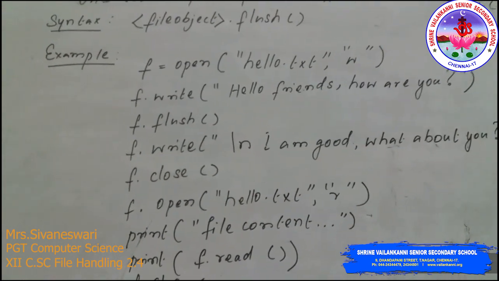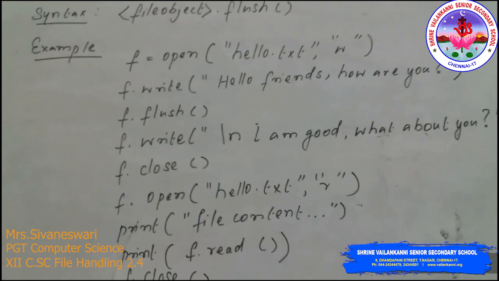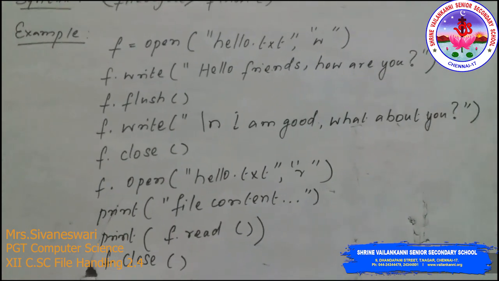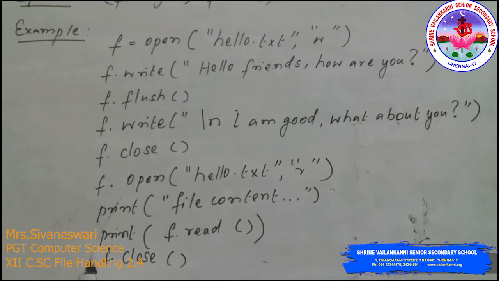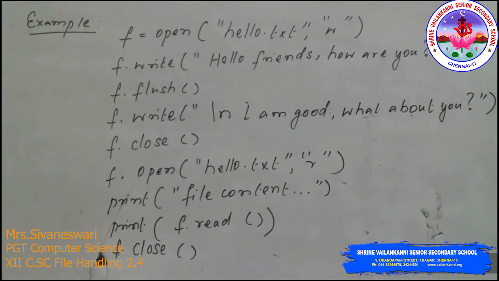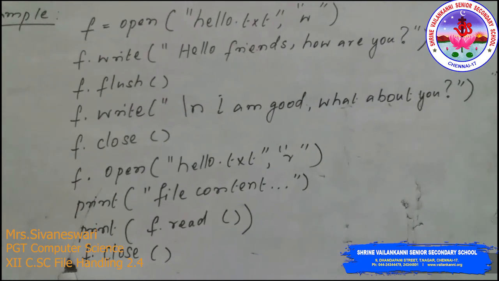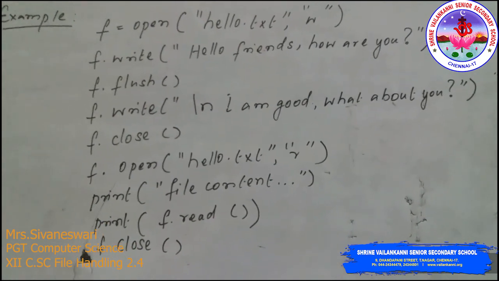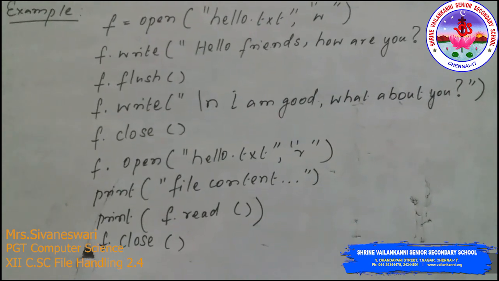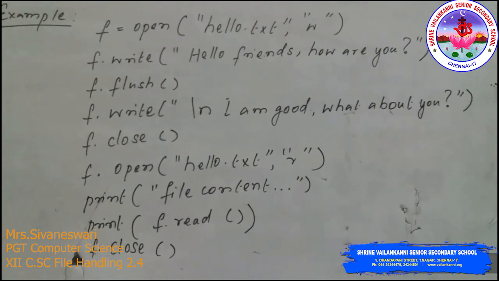So here the file handle, f = open('hello.txt', 'w'), in write mode. f.write('hello friends how are you') is the first line we are going to write inside hello.txt. Then f.flush(), this will flush it. The temporary memory will be cleared and the file will have the data inside.